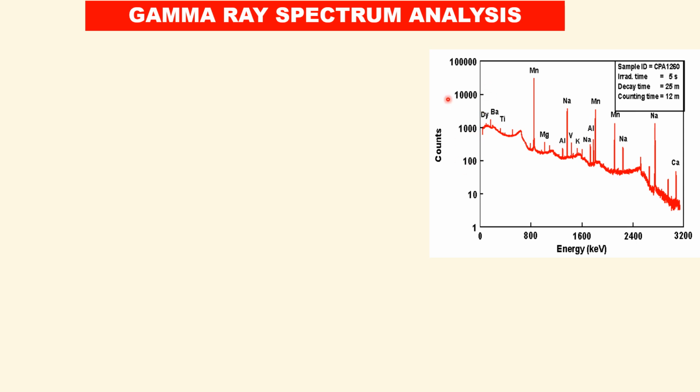From the count intensity, we can say how much is present, and from the gamma ray energy, each element will give specific gamma ray energy. From the gamma ray energy, we can identify the element present in it.